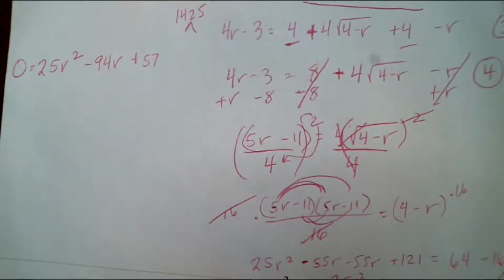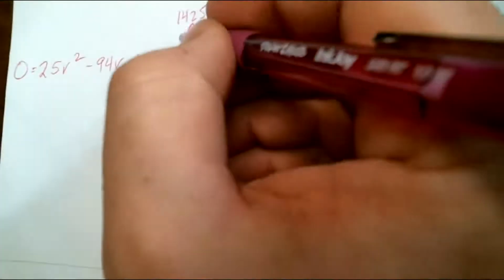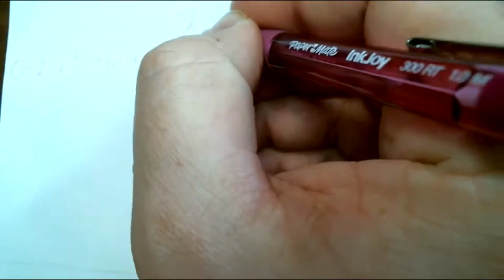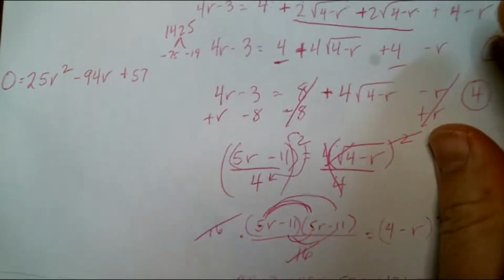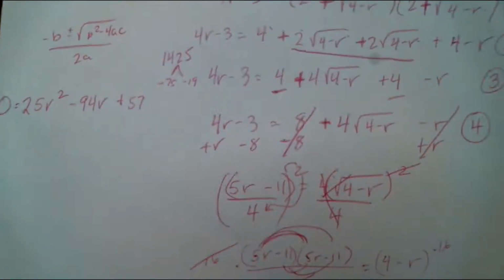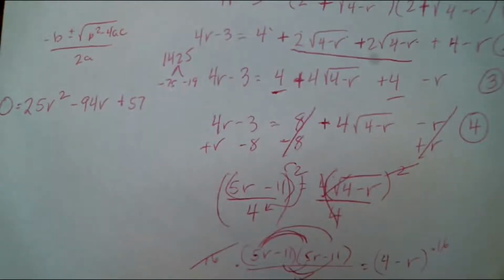What factors did you get there? Negative 75 and negative 19. Okay. If you follow the quadratic formula, opposite b plus or minus the square root of b squared minus 4ac, all over 2a, that as well can get you there. Okay, we're going to be dealing with big numbers no matter what we're doing.